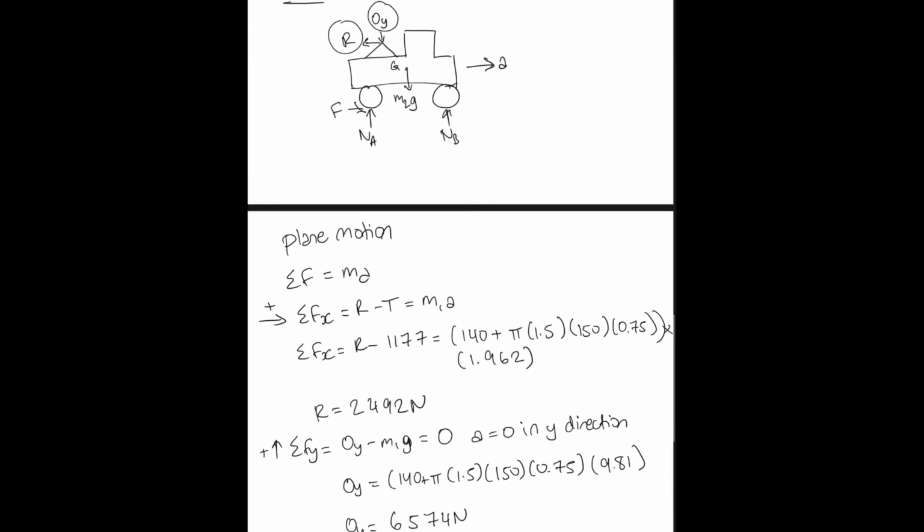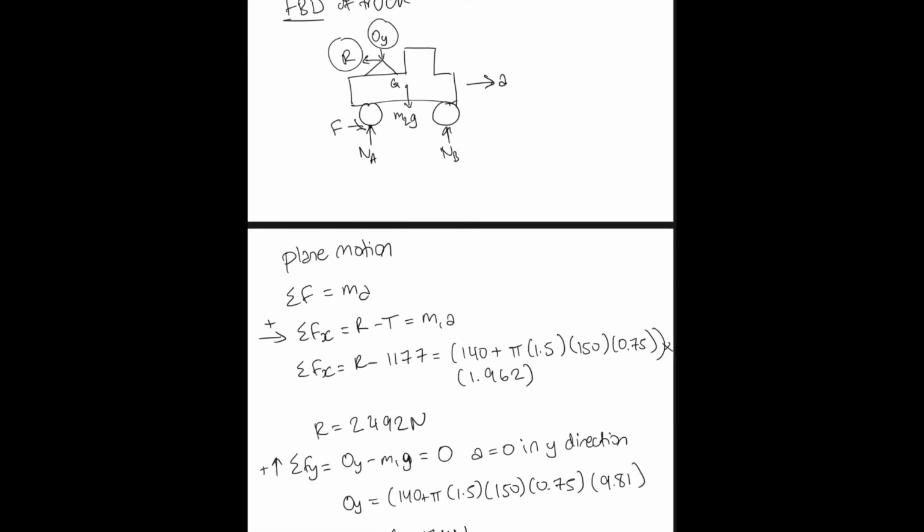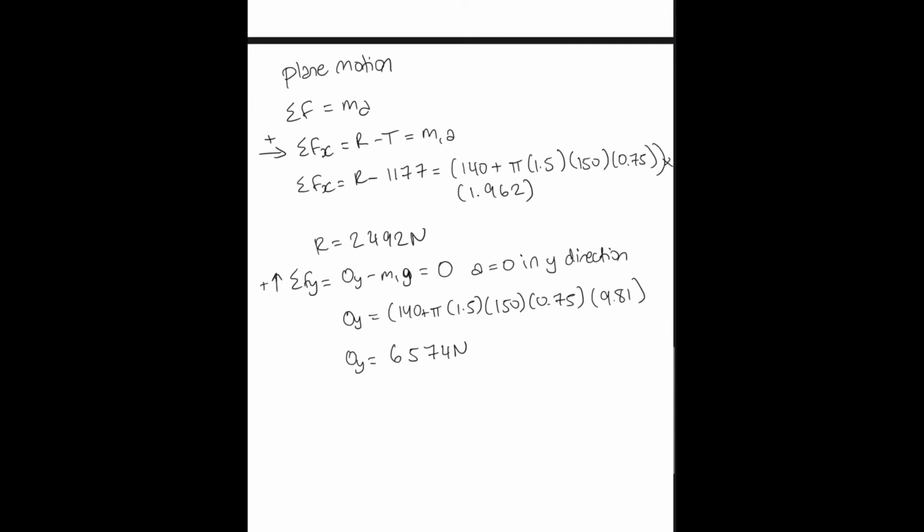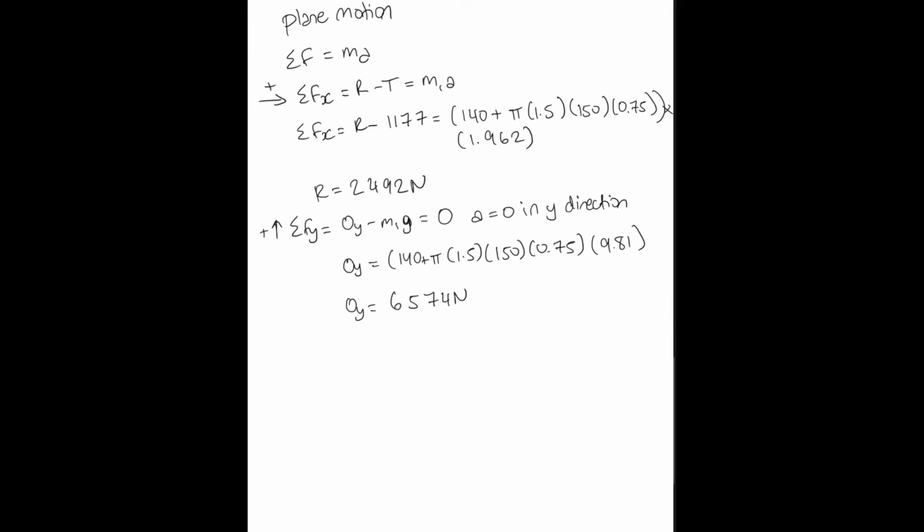Now that we've gotten our reaction forces R and OY out of the way, we can start finding the sum of moments around A in the free body diagram of the truck. Now we can take a look at the free body diagram of the actual truck. So the sum of moments about A is just going to be equal to the sum of forces multiplied by distance, which is equal to MAD.